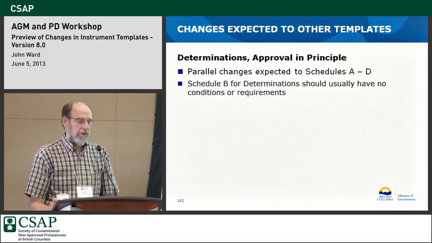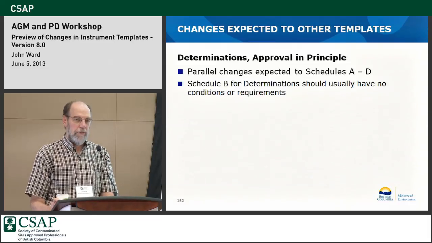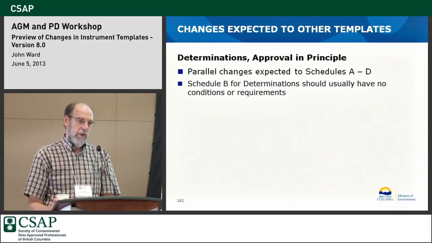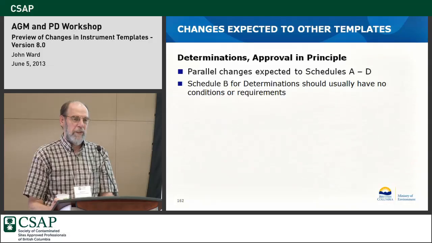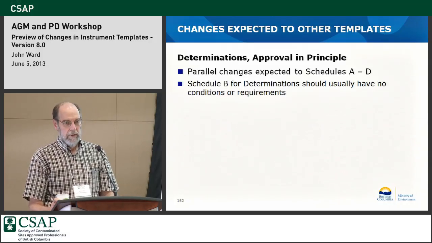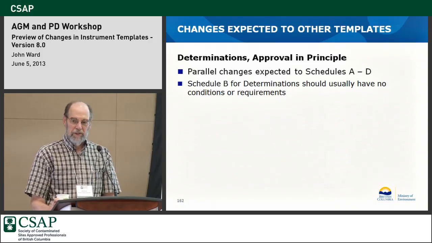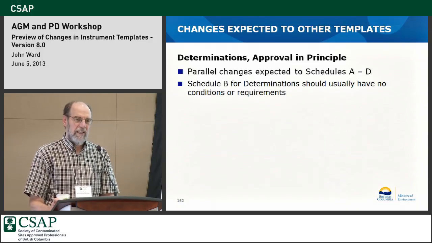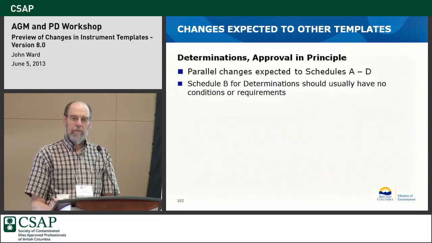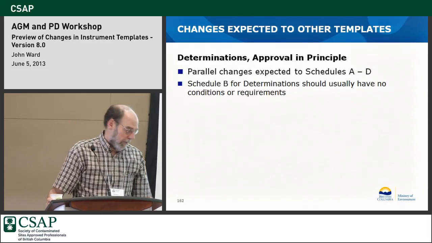It'll just say no conditions, because the only one that used to be there was you have to have a qualified professional to check out the contamination if you're doing future subsurface work. That one will be in the covering letter now. But there might be circumstances where you have conditions in a determination, but I can't think of any. Maybe for a positive determination, maybe.